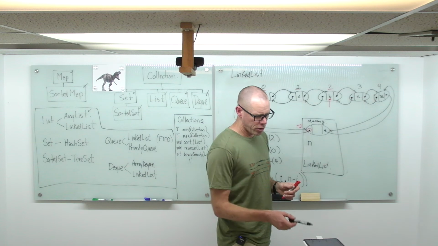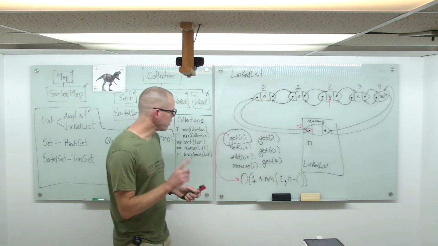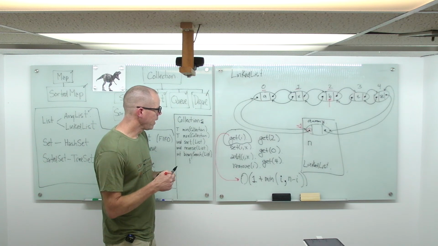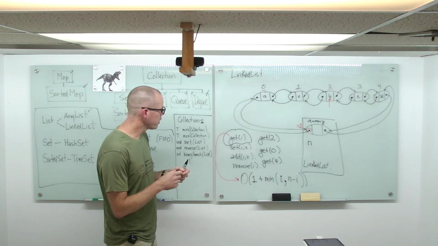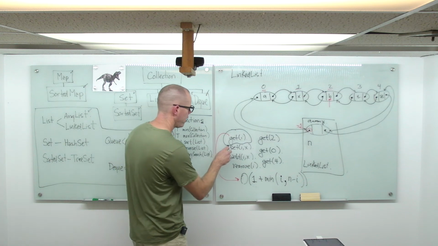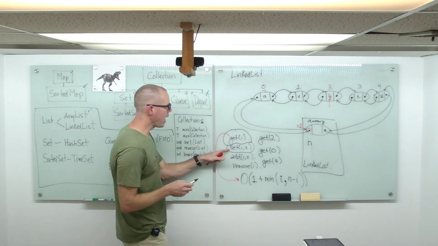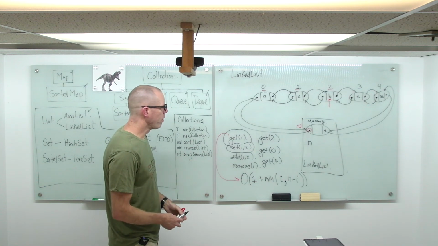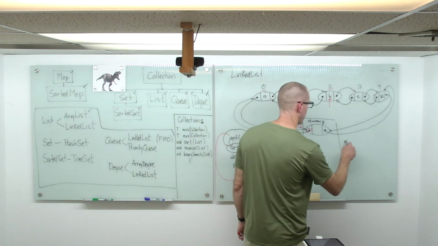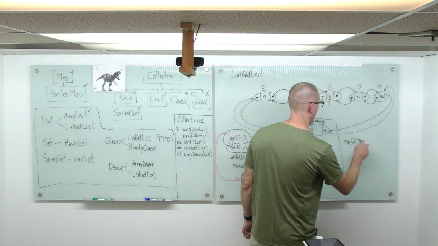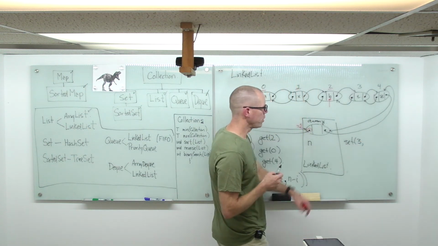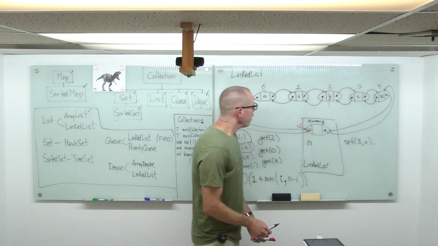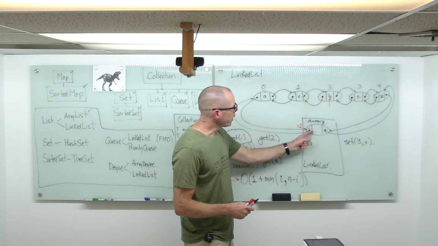So what is the advantage of using a linked list versus an array list? We'll answer that in about 2 seconds. But first, I think we can see now the set I, x method is almost the same. If I want to set the item at position 3 to the value x, then I first have to get to the node that contains it.